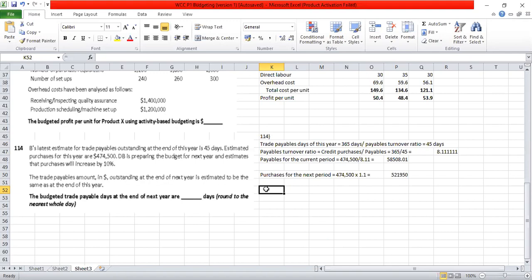For that, the credit purchases are there, but we need to know the payables. How would we know the payables? The trade payables amount in dollars outstanding at the end of next year is estimated to be the same as at the end of this year. So that is the clue here. The payables will be the same.